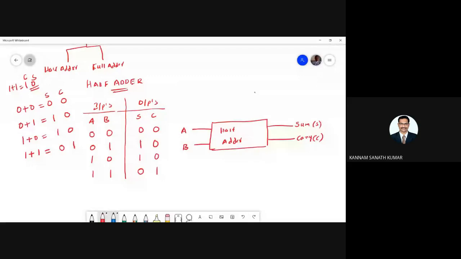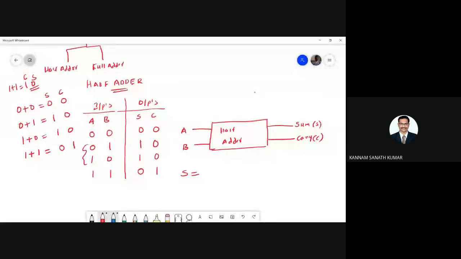S equals, wherever you have one, you write the expression: A bar B plus A B bar.